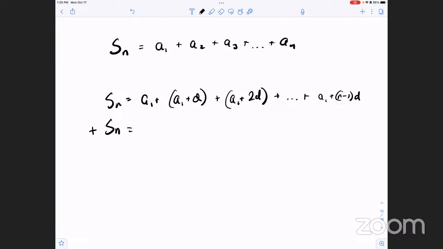So that's going to be A1 plus n minus 1 times D. And then plus, the one before that is going to be A1 plus, I think, n minus 2 times D. And then the one before that is A1 plus n minus 3 times D. And then all the way until you get back to the first term. So we basically did the same sequence, we just did it in reverse, right?